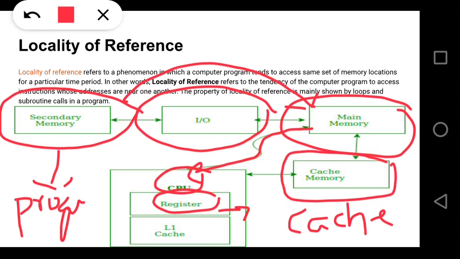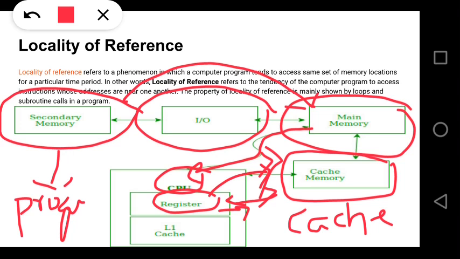That memory should have two features. It should be near to the processor and it should have larger capacity than registers. So that memory is called cache memory. The cache memory works on the principle of the locality of reference. The cache is designed solely to implement the concept called locality of reference.